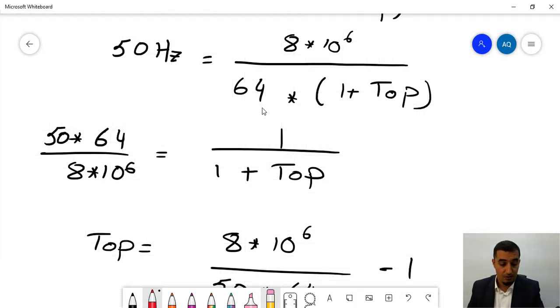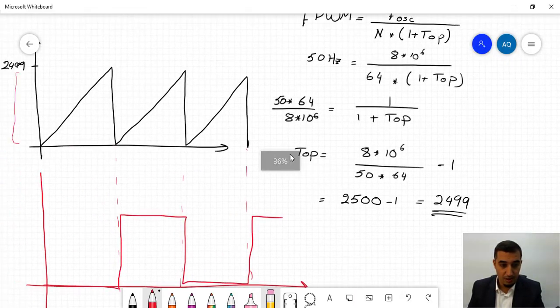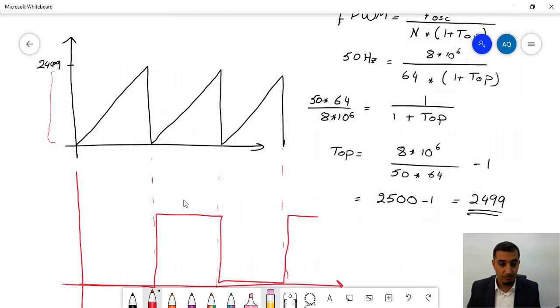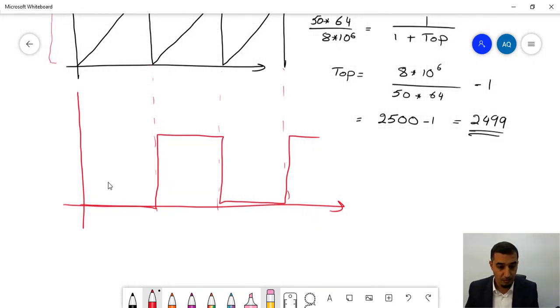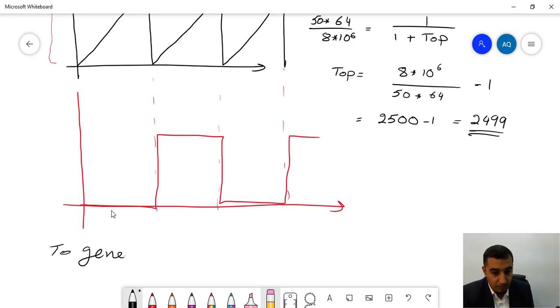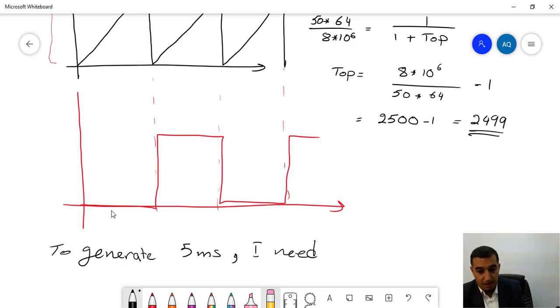Okay, so I will go back once more here. To generate 0.5 milliseconds, I need 0.5 milliseconds divided by 8 microseconds counts.